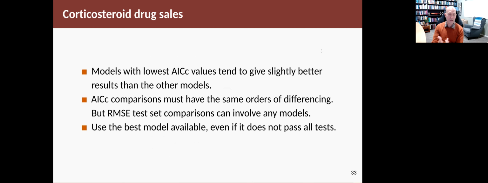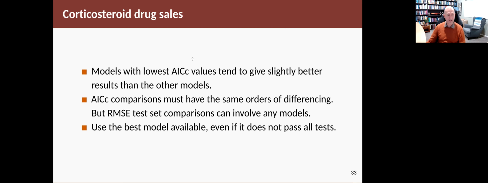AICC is asymptotically equivalent to getting one-step cross-validated forecast errors. So it's equivalent to finding the best model for that purpose. You do have to be careful with AICC comparisons that they have the same orders of differencing, but root mean squared error on a test set or anything on a test set can involve models from anywhere.